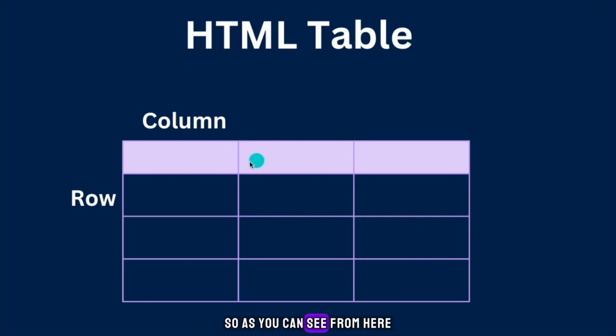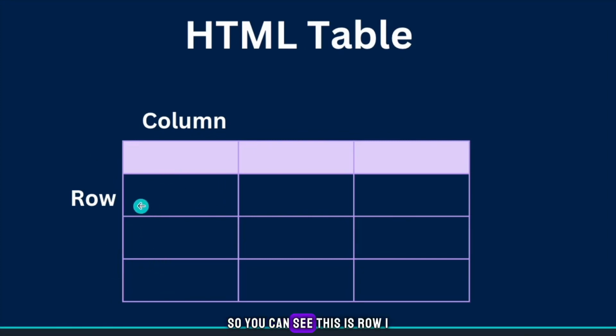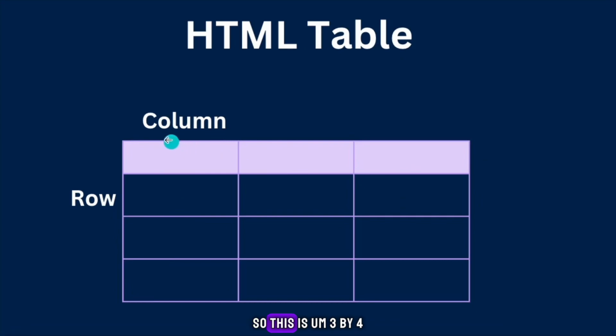As you can see from here, this is a column, this is a column, and these are rows. This is row 1, row 2, row 3, row 4, and column 1, column 2, column 3. So this is a 3 by 4 table.